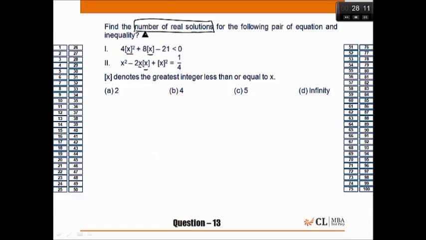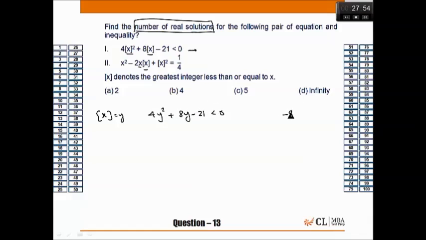Let's see this. Number of real solutions: for the first case, let it equal y. That gives me 4y squared plus 8y minus 21 is less than 0.